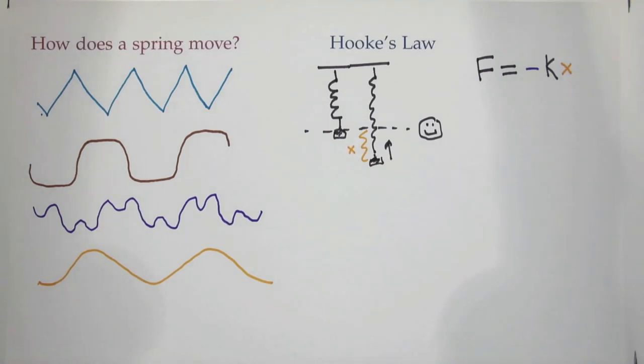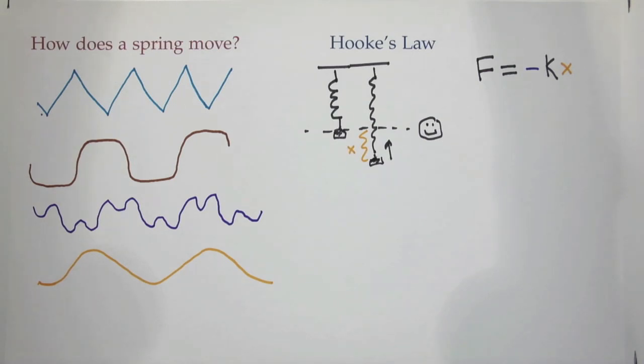Okay. Now, you're probably thinking, that does not look very much like a differential equation. But hold on. Where does force come from? Mass times acceleration. How do you find acceleration? Derivative of velocity. How do you find velocity? Derivative of position.